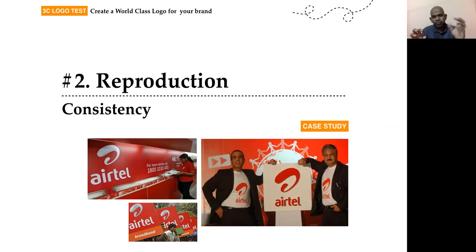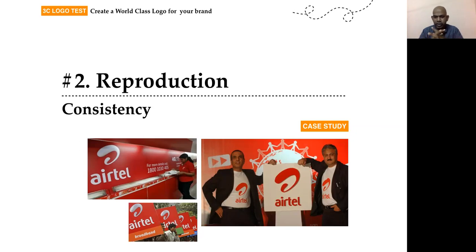When it all becomes different versions of the same logo, then there is a very big loss to the brand, because people may consider that to be a different brand and this to be a different brand. It may happen. So make sure when you're building your brand and creating a logo, it is very, very easily reproducible in any medium that you have.